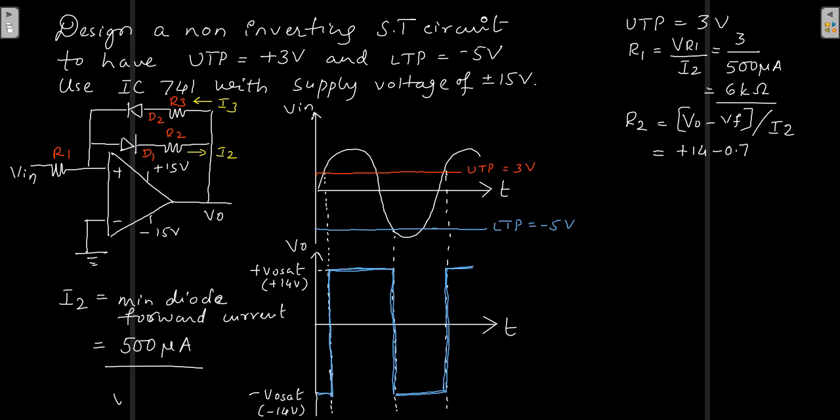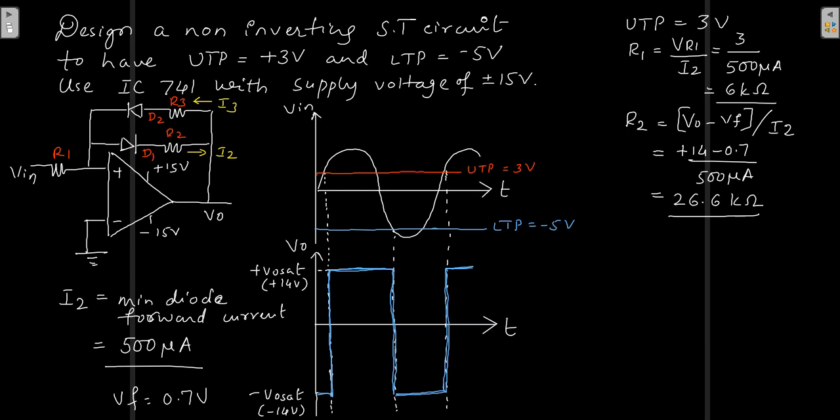You can take Vf equal to 0.7 volts, right? Divided by 500 microampere. Can you tell me? 26.6 kilo ohm. This is the value of R2. So R1 and R2 are fixed now.